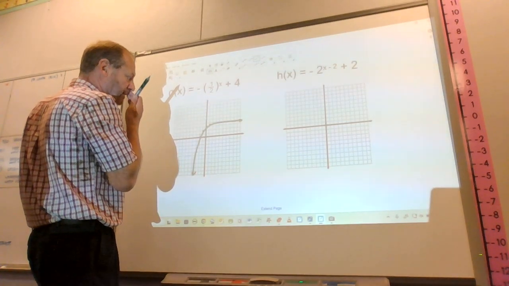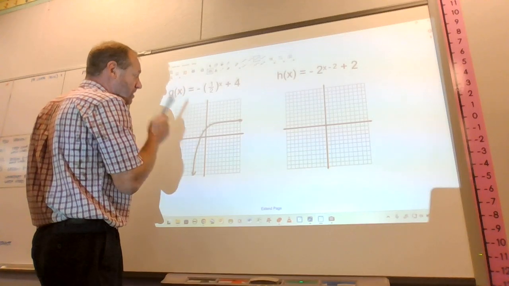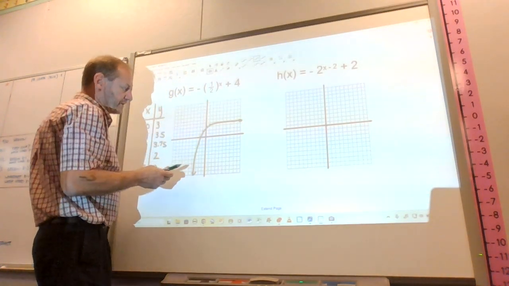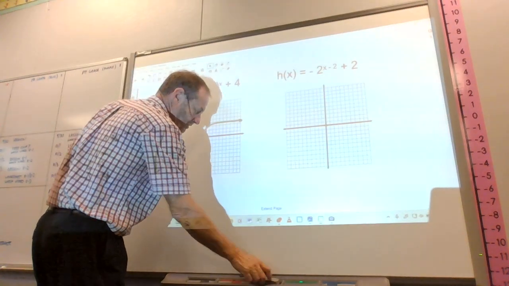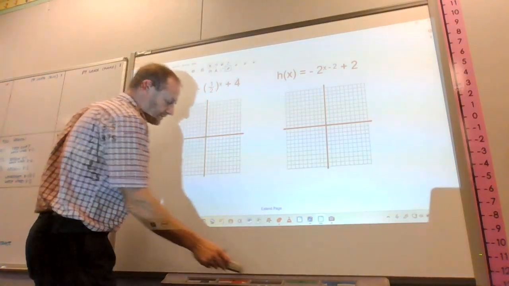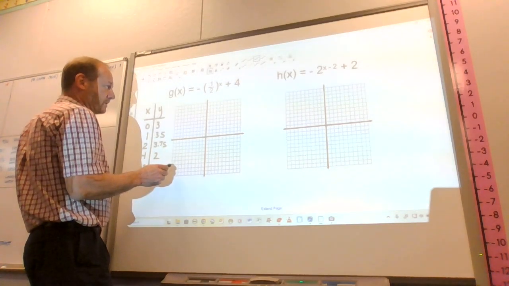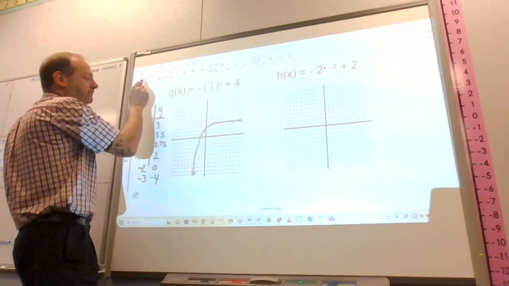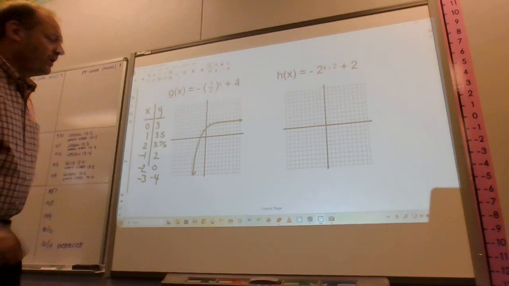I did my graph wrong, didn't I? Let's see. I plug in 0, that's 4. Oh, I got 0, 3. Okay, so I moved this. Let's correct this. Oh no, that was right the whole time. Okay, there we go. I thought I made a mistake, but apparently I was wrong.